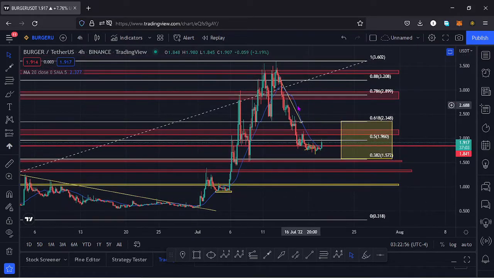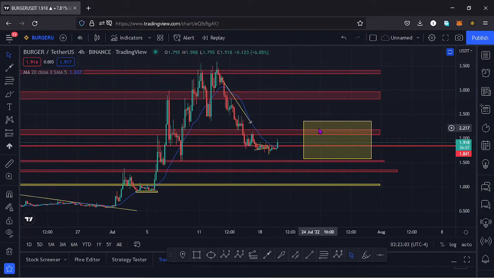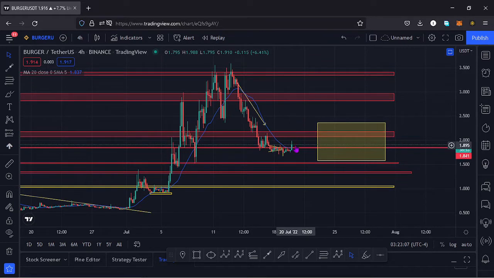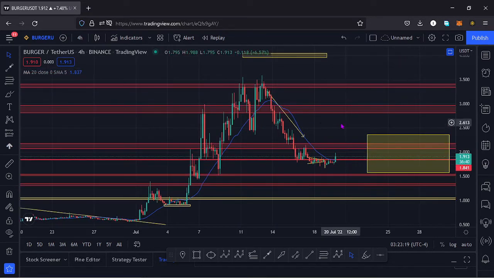You can see the price of Burger came down into this yellow target down here, and having done that, it's possible that soon we might find that reversal to the upper side. Also, to support that downward movement to the lower side, we also had a structure over here.